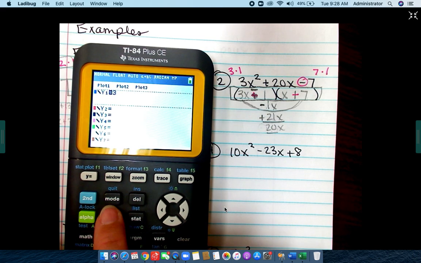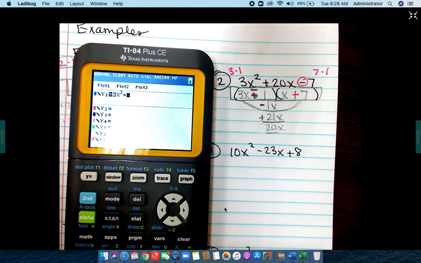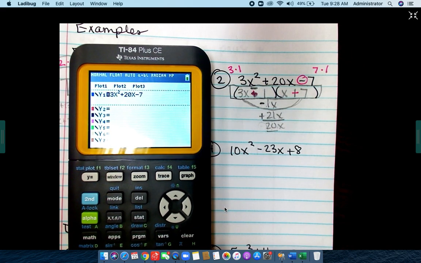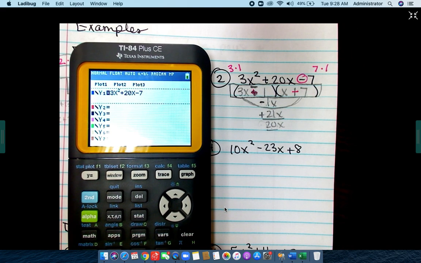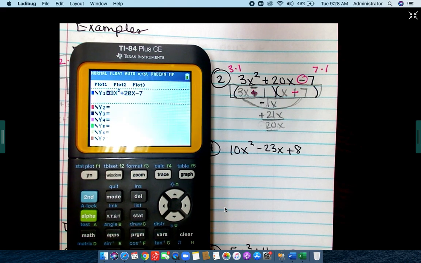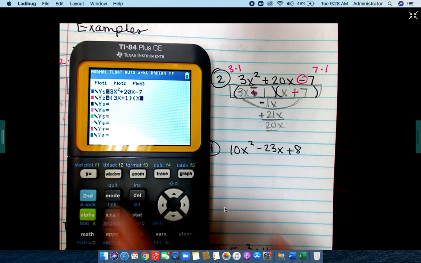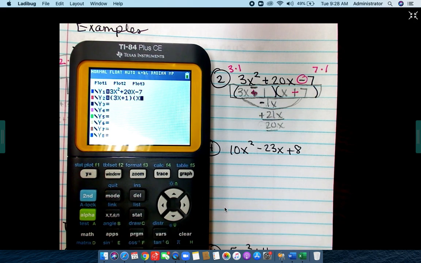Again, put your problem in y1. Again, at this time, I would love for you to pause the video, open the app on your phone, and try this with me. And let's say we did, well, I think it's 3x plus 1 and x, what I have originally, minus 7.